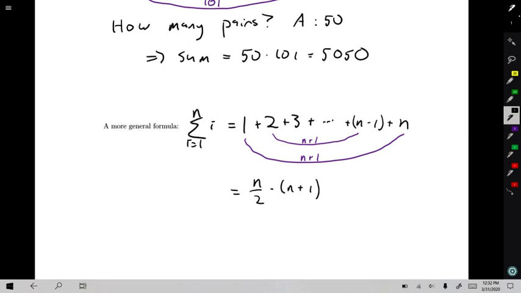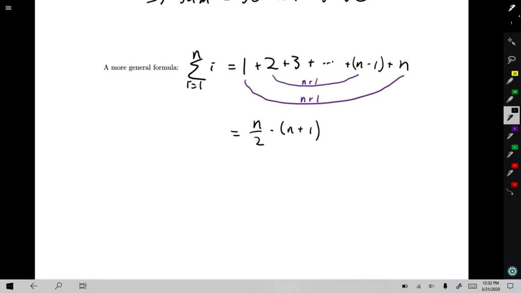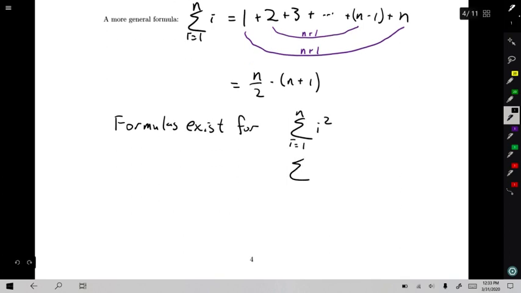A cool fact to observe here is that there are also general formulas for, say, the first thing that we were doing. So formulas exist for the sum from i equals 1 to n of i squared. So that's something that we were looking at. And formulas also exist for the sum from i equals 1 to n of i cubed.